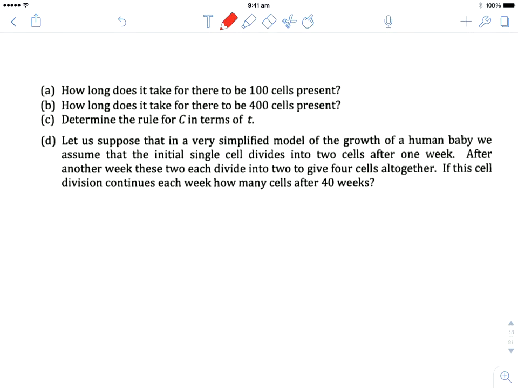Once we have the equation, we can then answer questions. How long does it take for there to be 100 cells present? If the number of cells is 2 to the power of t, we can then solve the equation 100 equals 2 to the power of t.